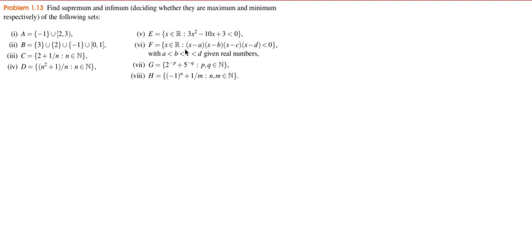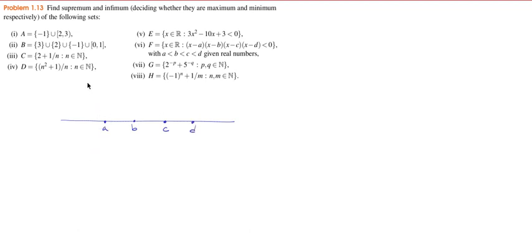Now F is the set of all numbers such that this product of 4 factors is smaller than 0. Okay, so this thing here, with A smaller than B smaller than C and smaller than D, is just a 4th order polynomial. Let me write this correctly.